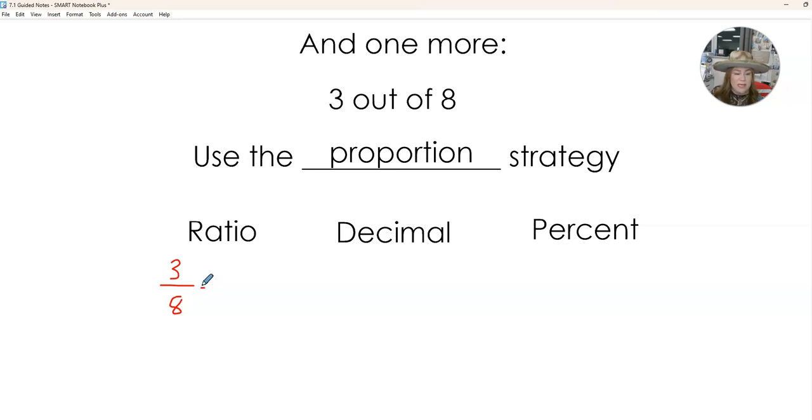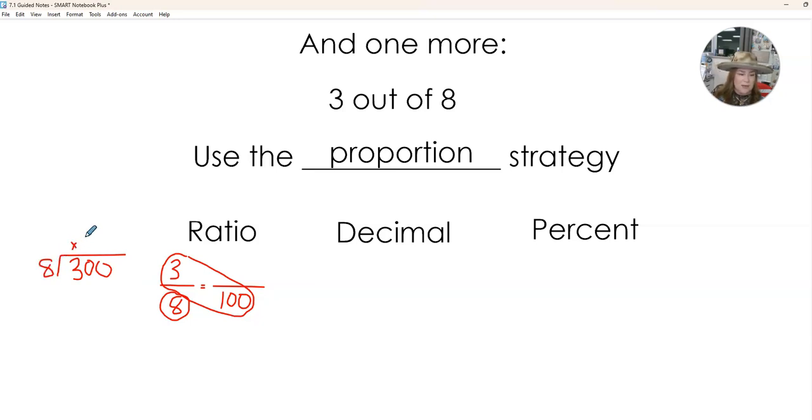And we know we need to get to 100. Now the problem is when I count by 8s, there's not a perfect way to get to 100. So we're going to crisscross multiply and then divide. So 3 times 100 is 300. And then we're going to divide that by 8.